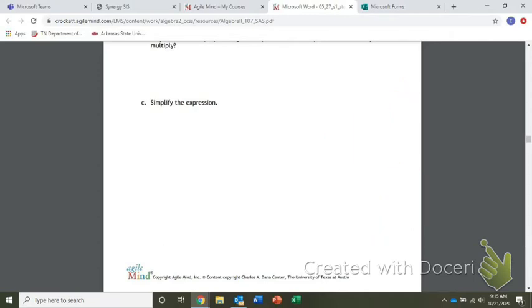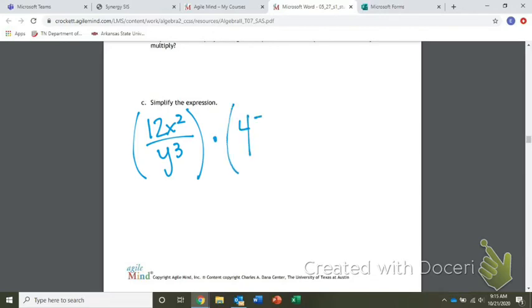So we had 12x squared. Let me erase that. (12x squared) and y3 in the first set times 4 -1/2 x -3 and y -4.